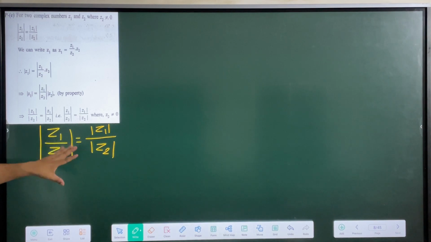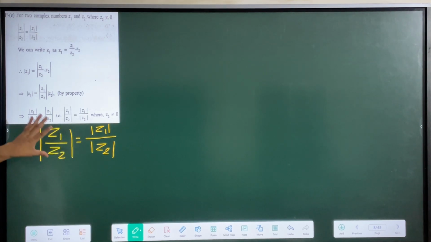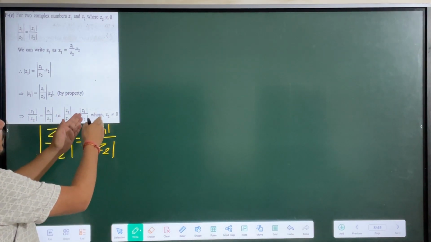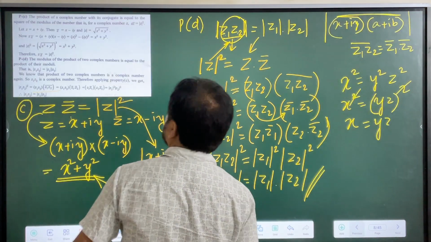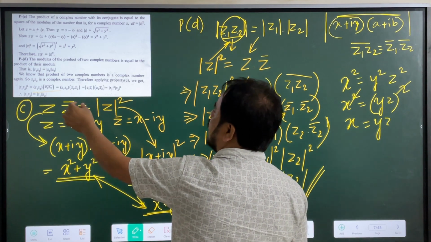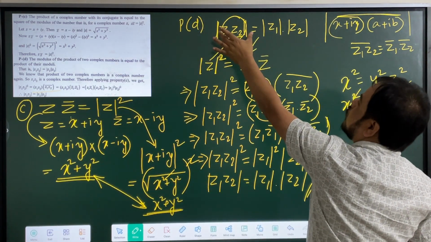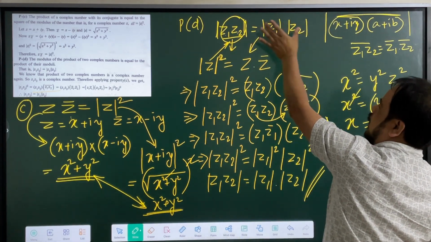So this one is just to memorize as a picture. You cannot read this one. Just memorize the picture. As a whole, modulus is there, and separately, modulus is there. In the previous one also, try to remember the picture. So modulus of two complex numbers equals modulus separately.